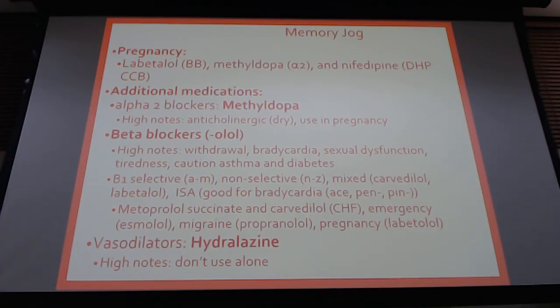So if you have a patient who, when you keep putting them on their meds, is becoming bradycardic, you can give them one of these ISAs and it may not affect their heart rate as much. It's just going to affect their blood pressure. It'll drop down that blood pressure and not really mess with their cardiac output as much, so you don't see the bradycardia. So that's the utility that we can see when we're looking at our ISAs.